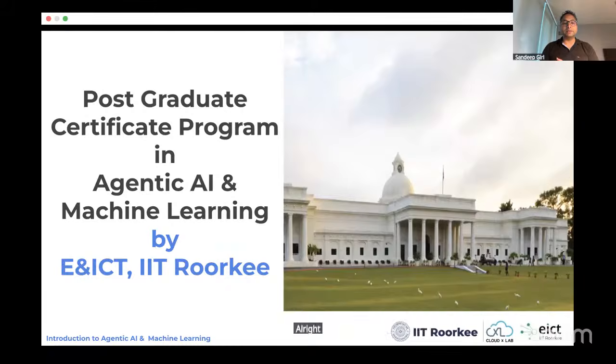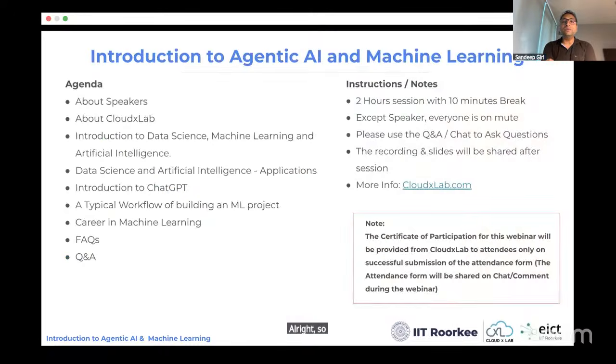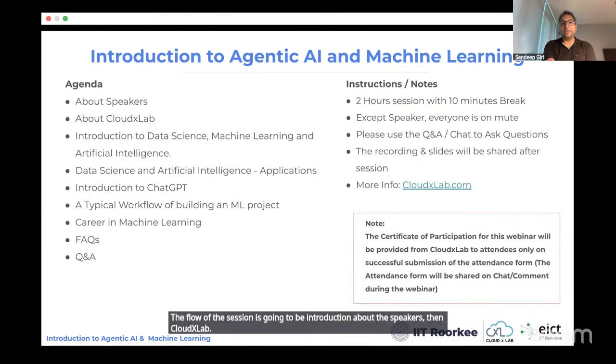The flow of the session is going to be introduction about the speakers, then CloudxLab, then we talk about E&ICT, and then we talk about data science, AI and applications, and a bit about the LLMs. Right. The typical workflow for building an ML project and so on. So we'll talk about these.